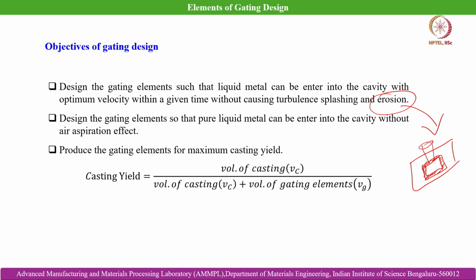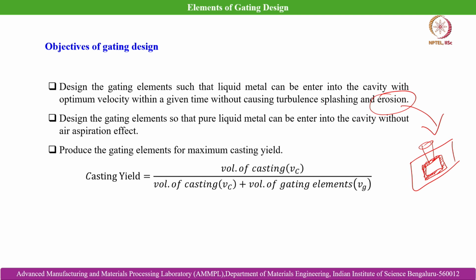However, we have to think about the casting yield also, because although gating elements serve as a functional part to the solidifying part during the filling stage, they serve as a non-functional part upon solidification of the part, and they need to be removed from the cast object by the fettling process.